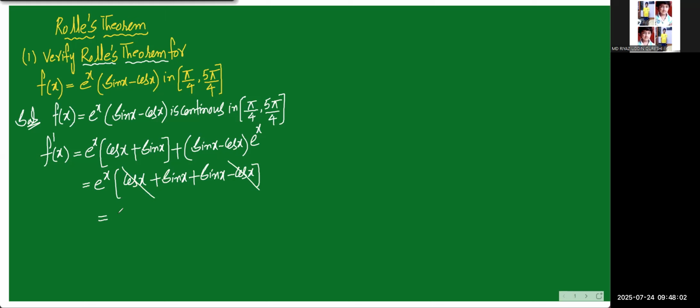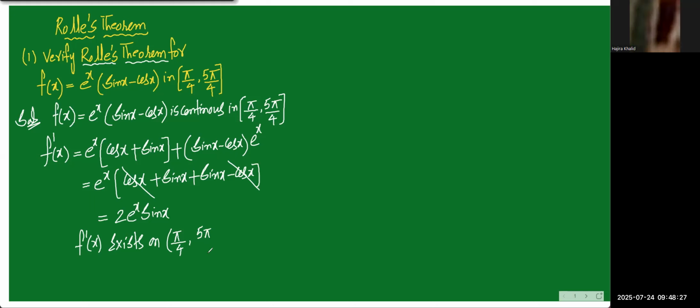So in aggregate our answer is 2 e to the power of x into sin x. Okay, so we should write f dash of x exists, because we are getting some value, on the open interval pi by 4 comma 5 pi by 4.